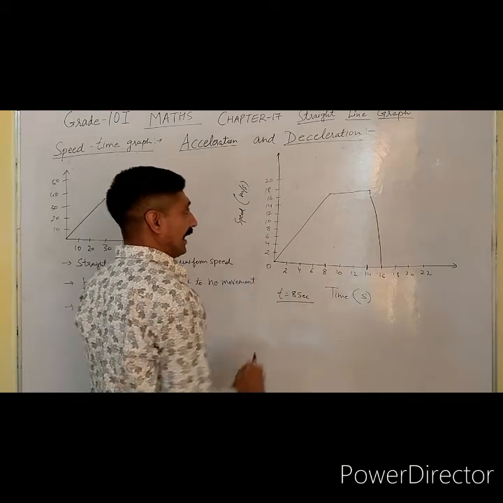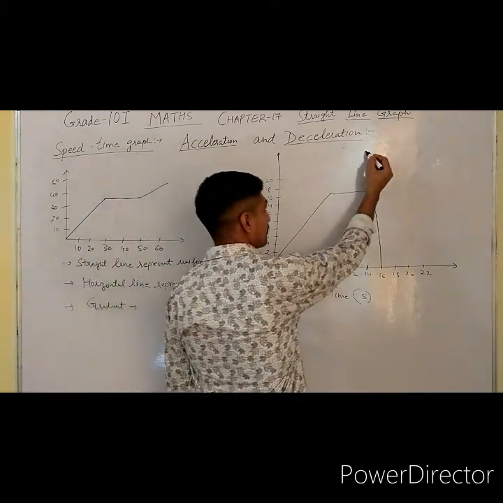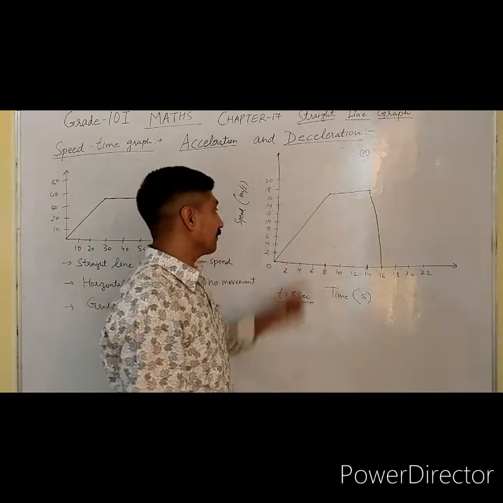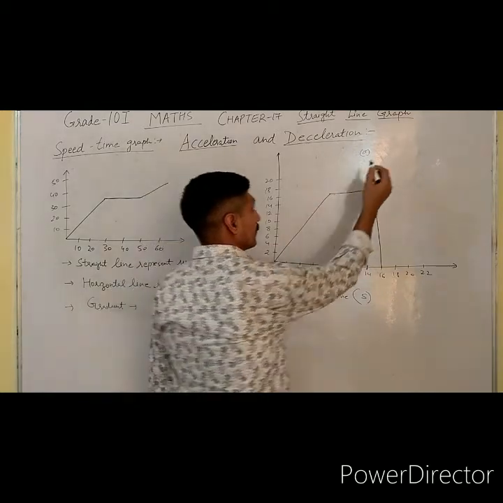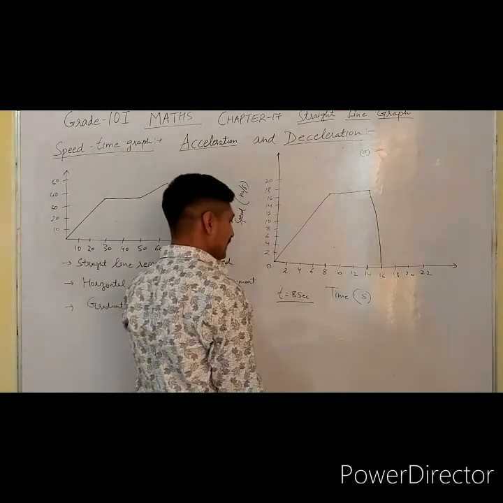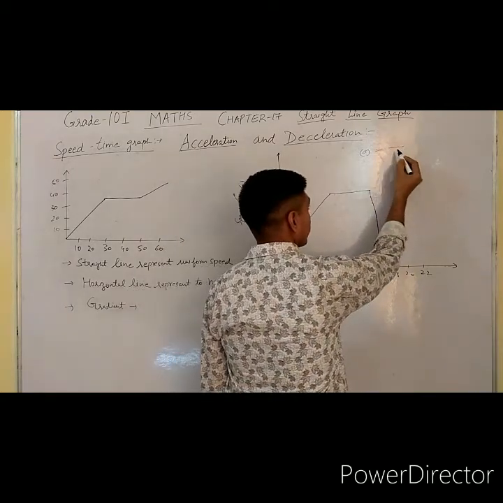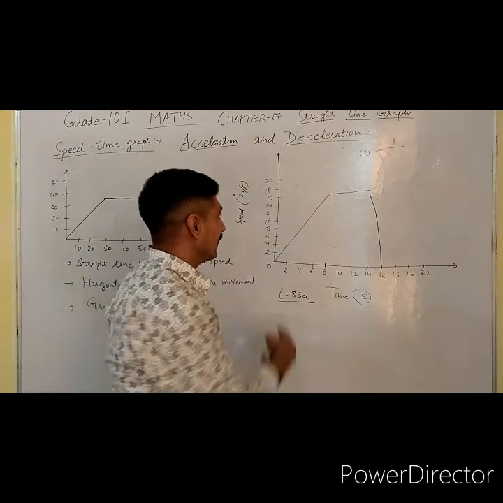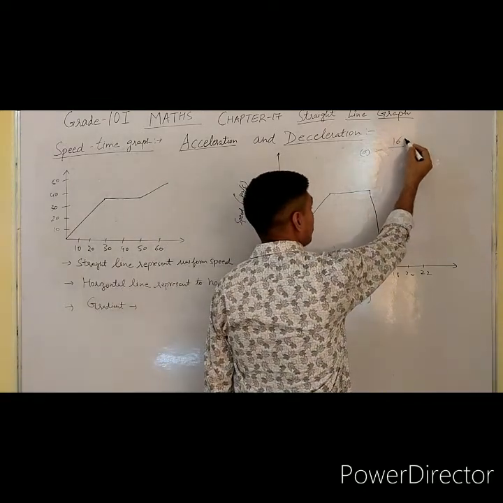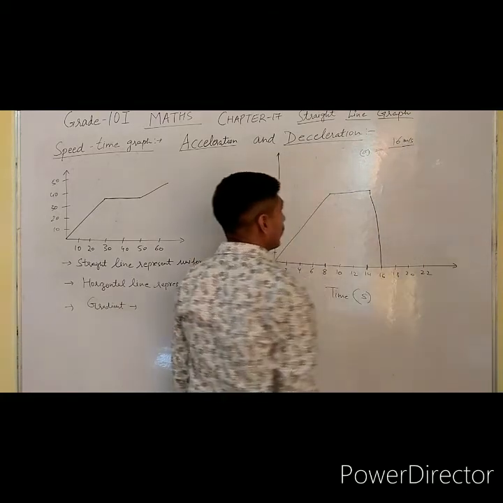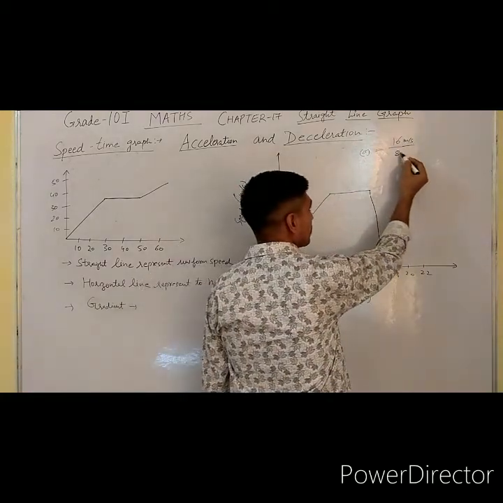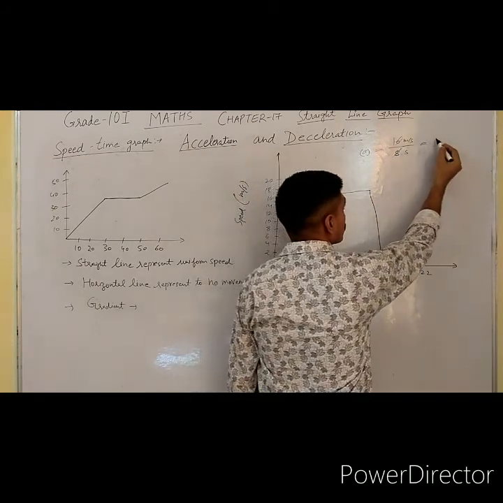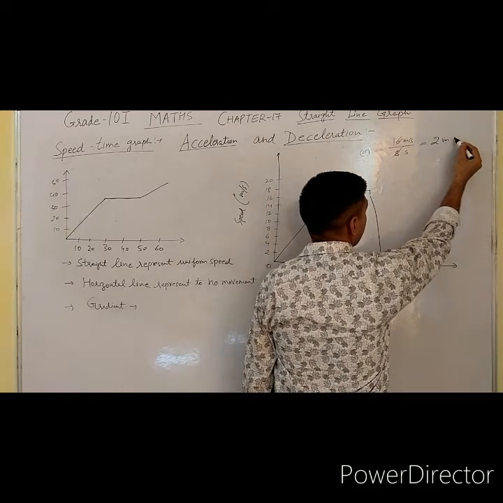So for the first part, the acceleration is the rate of change of velocity. At what rate is the speed changing? That is 16 meters per second divided by 8 seconds, so we have 2 meters per second square.